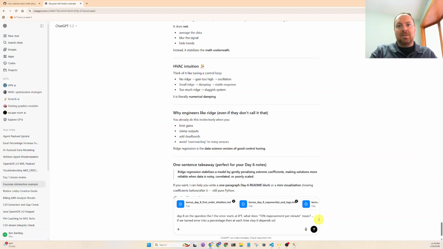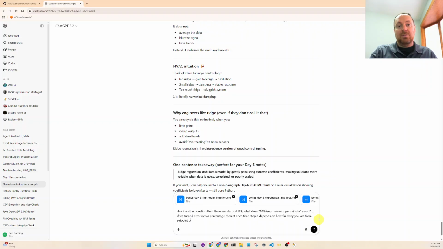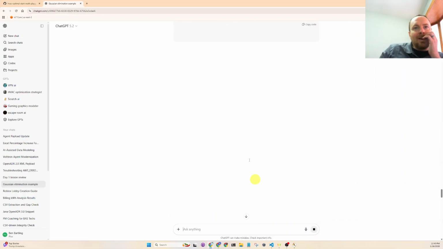It depends on how far away you are from setpoint, because it is not linear but follows a first order curve. Alright, let's just see what it says.